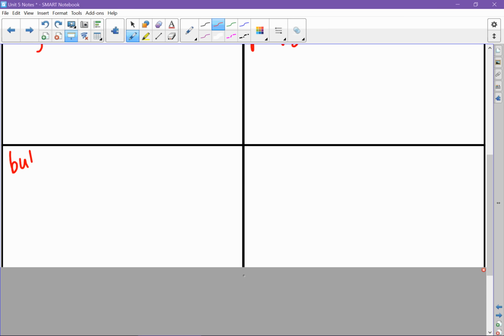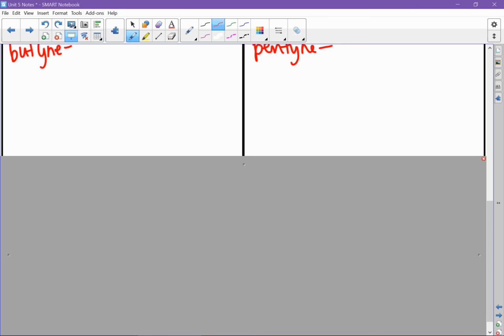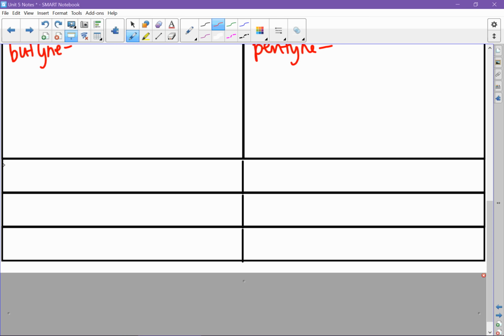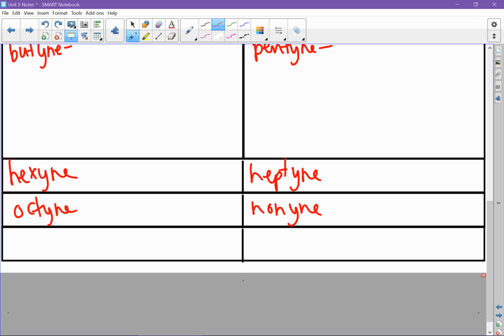We have butyne, pentyne, hexyne, heptyne, octyne, nonyne, and decyne. This is again an extra box, it doesn't matter.